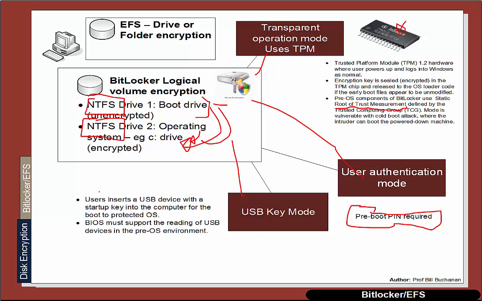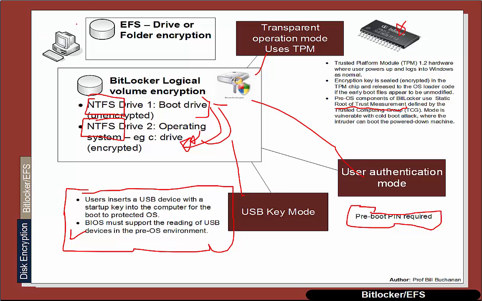And then the last one is our USB key, where the user has to insert a USB key as a startup key so that the operating system can actually boot into the encrypted drive. So it's important that we have a machine where the BIOS supports the reading of the USB devices before it's actually into the operating system.